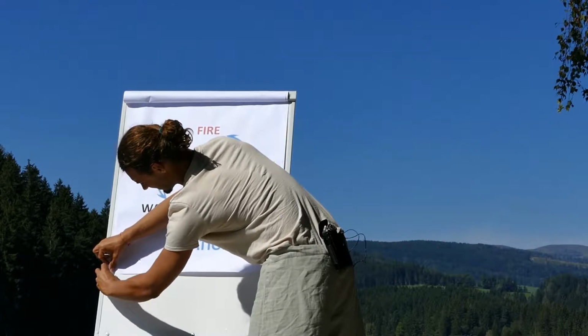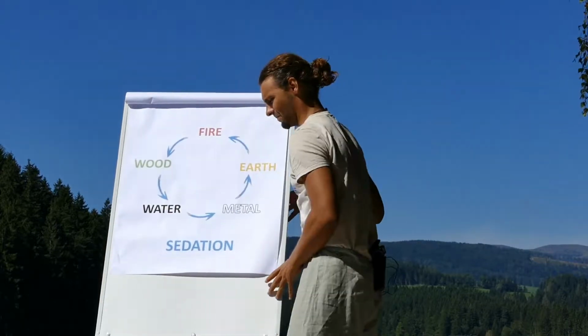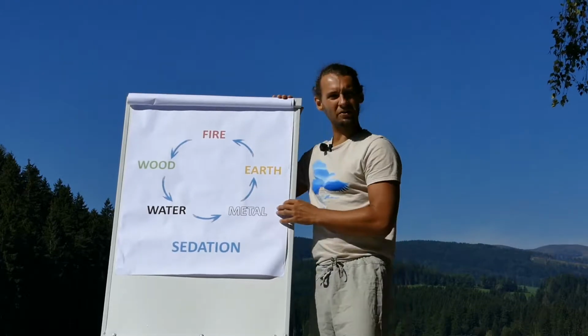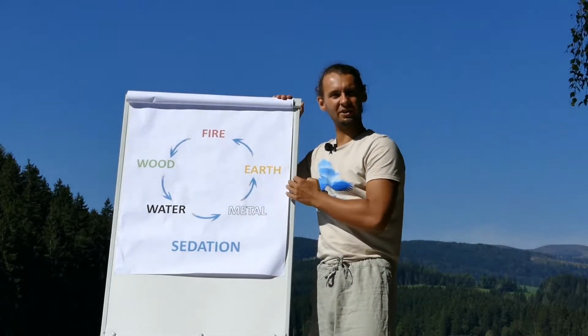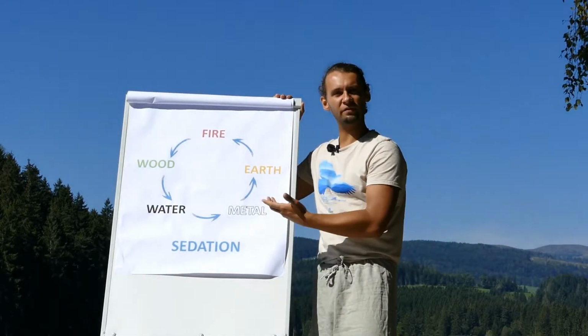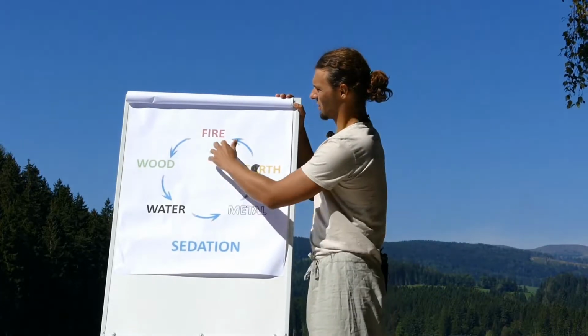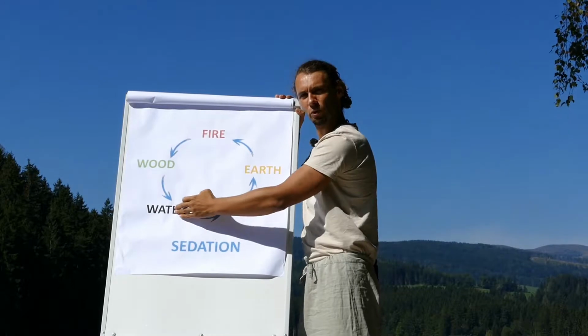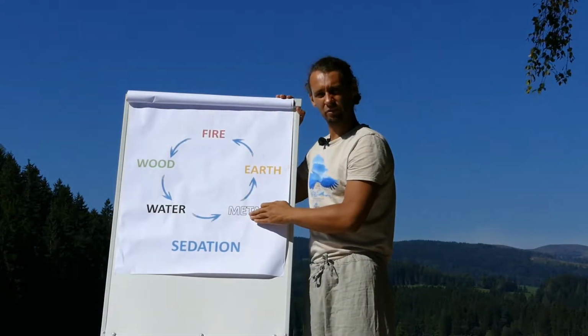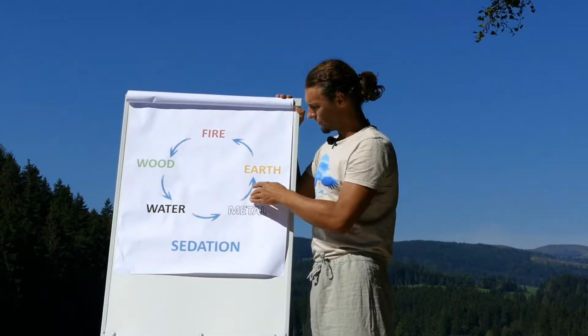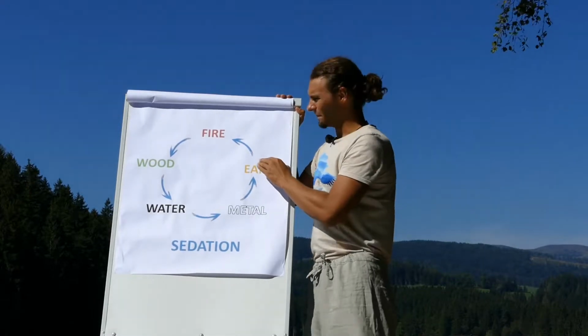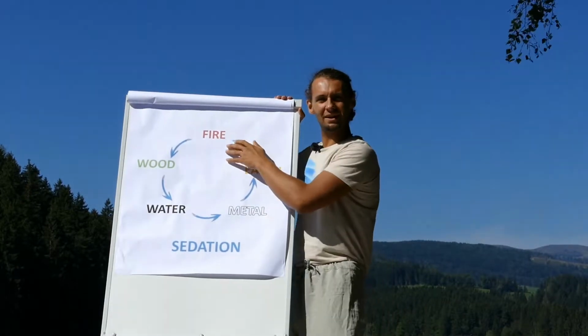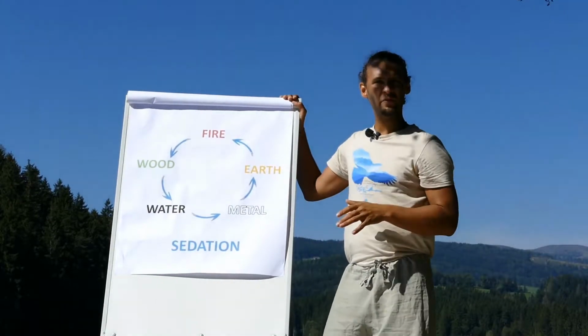Now, the sedation circle is the exact opposite of the creation, the tonifying circle. So fire diminishes wood, wood diminishes water, water diminishes metal and minerals, minerals diminish the earth, and the earth once again diminishes the fire.